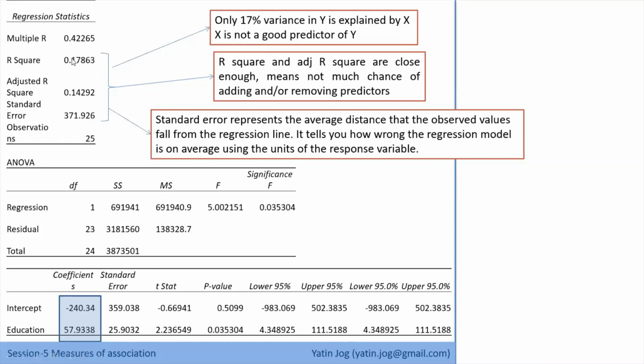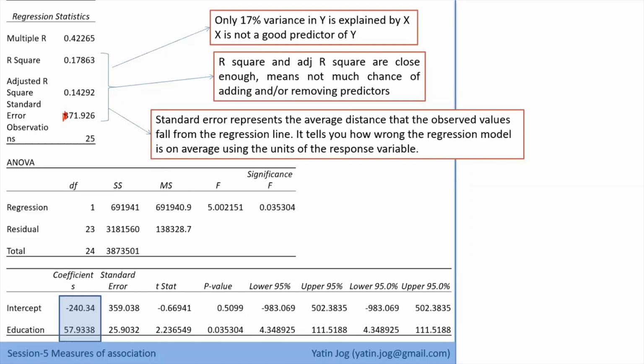And generally you will see these are directly proportional. If you have a very low R square value, even the standard error will be on the higher side. So that is another indication of whether you want to go ahead with that R square value or not. Suppose in this case, instead of 371, you get the output as only 71, the 3 is not there.